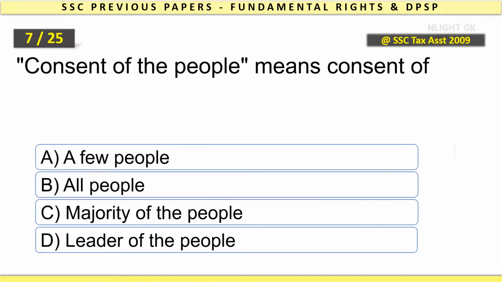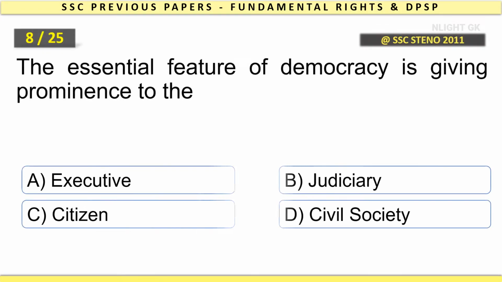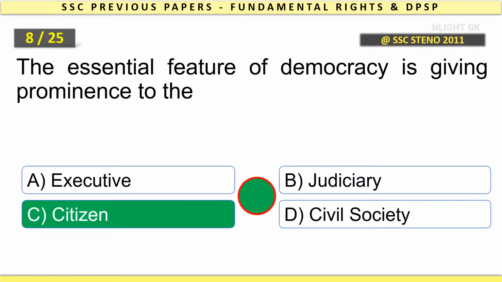Consent of the people means consent of the majority of the people. The essential feature of democracy is giving prominence to the citizen.